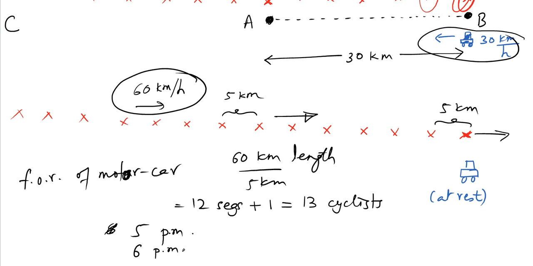And likewise, when the motor car meets the 13th cyclist at 6 p.m., the motor car is at town A. So we have to neglect those two. 13 minus 2, and I get 11 cyclists. So by this method of relative motion, we get the same answer, that is, the motor car meets 11 cyclists on the way.